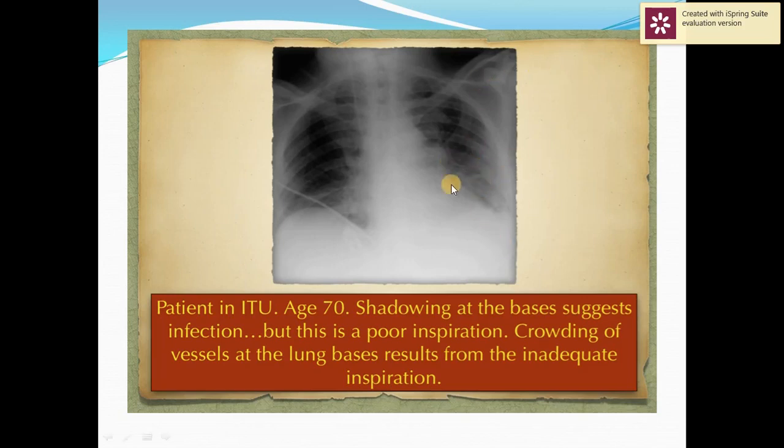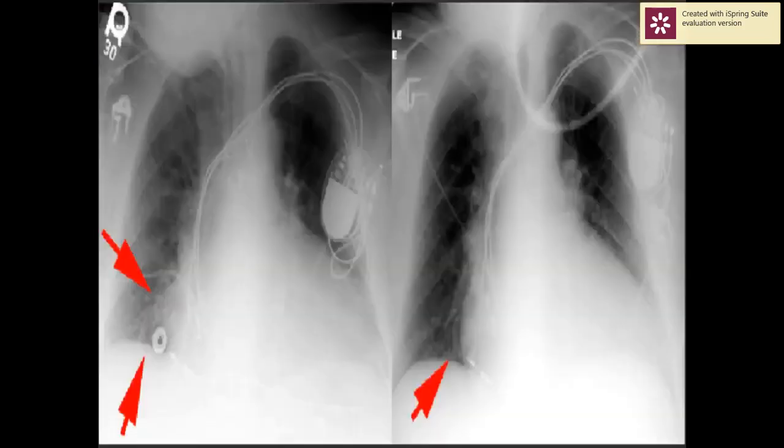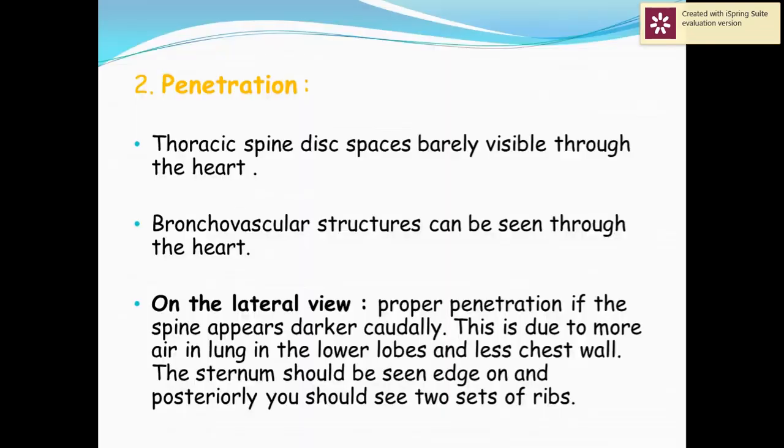You see haziness in both lower zones, but it is because of poor inspiration, crowding of the vessels in the lung base resulting from inadequate inspiration. Also this is the same patient after an inspiratory film. Here there was right lower zone haziness; after taking a full inspiratory film, it also showed a disappearance of the right side haziness.